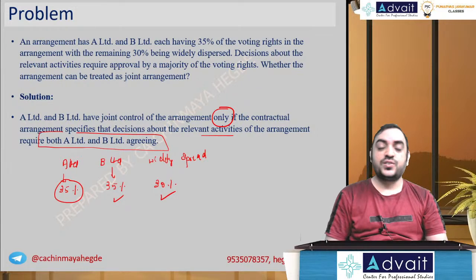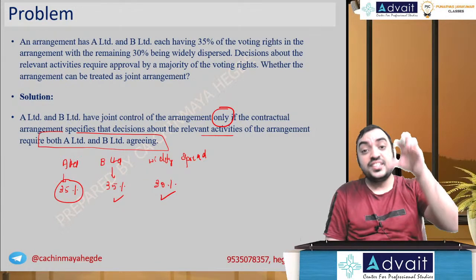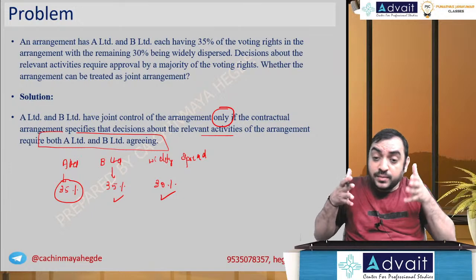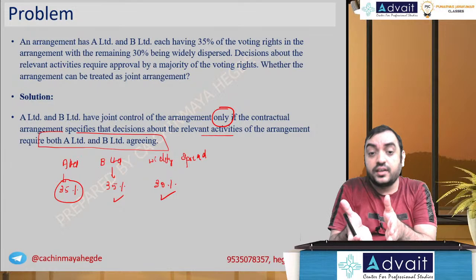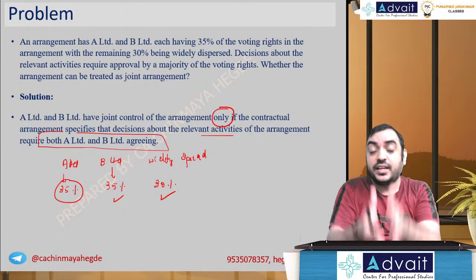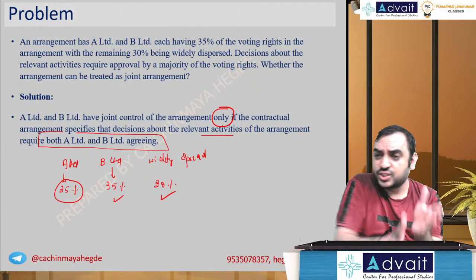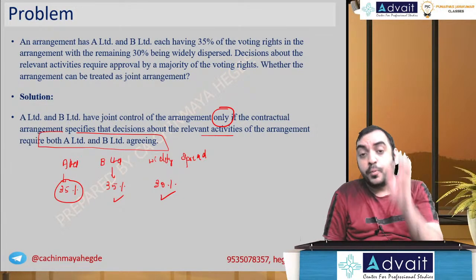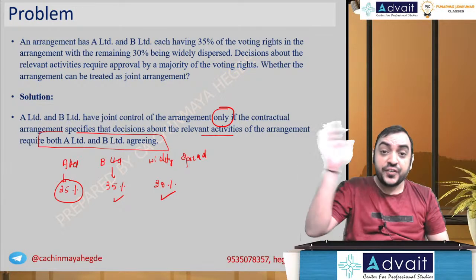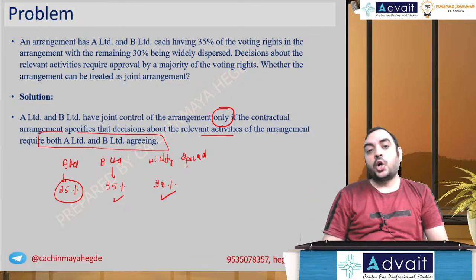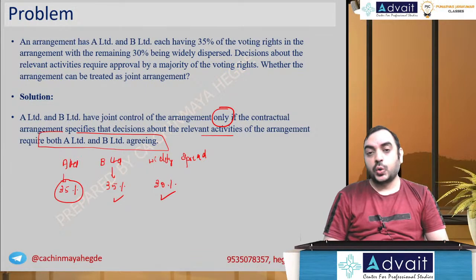So basically, either explicitly or implicitly, there should be a situation where A Limited's consent is required and B Limited's consent is required. Both are a must. There has to be agreement between themselves or some indication that both of them should say yes to make a decision. If you have such contractual arrangements, then you say there is joint control.